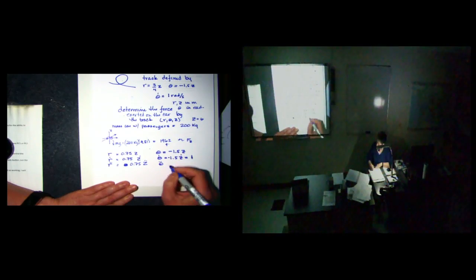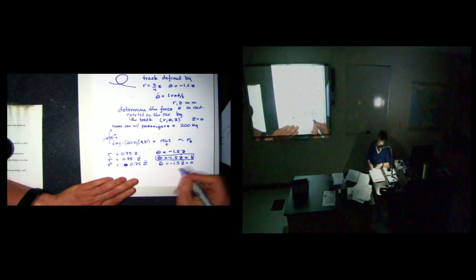Okay, at z equal to 6, r is equal to 4.5. I have it in my notes and it's just not coming to me. Oh, that's it.